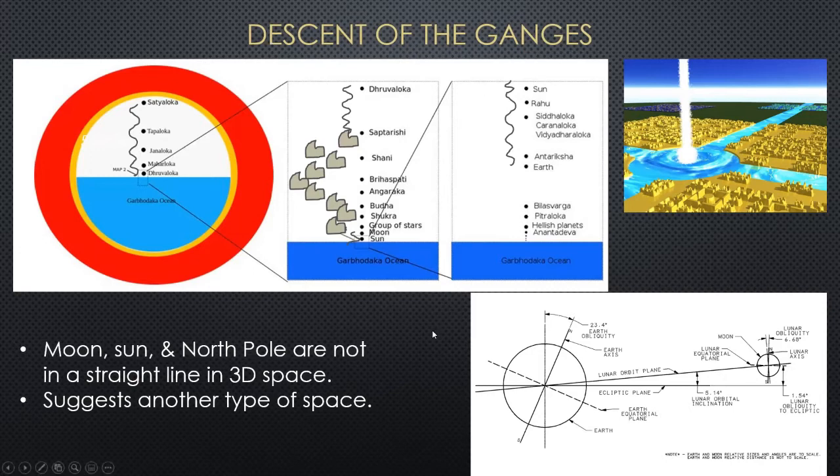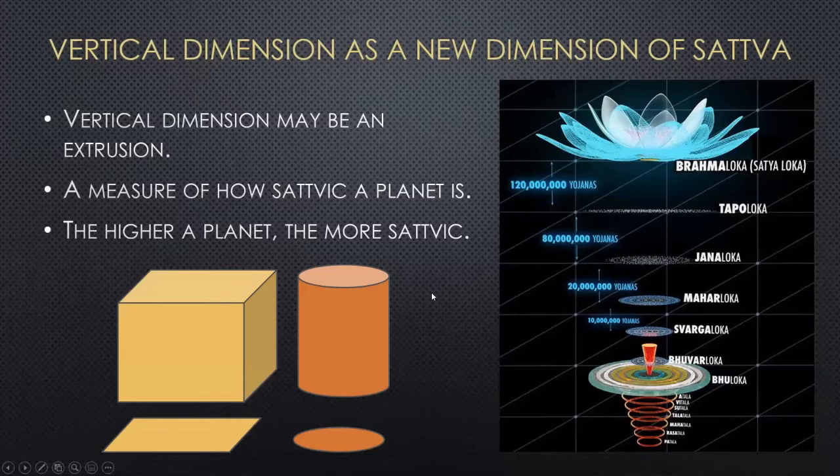And so what we are saying here is that a possibility may be an extrusion. The vertical dimension may be an extrusion. For those of you who have used AutoCAD, or these programs for technical drawing, you will know what an extrusion is.